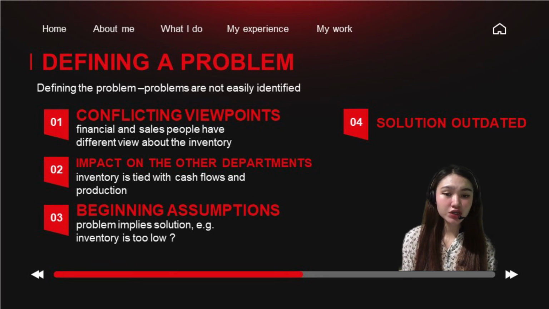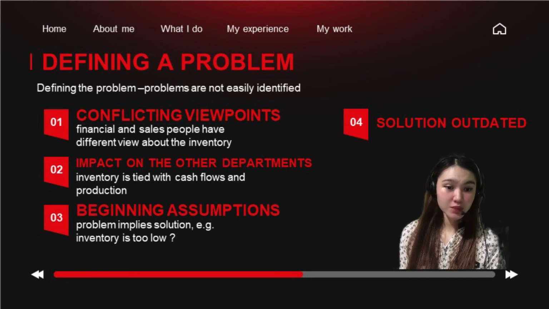A shift in ordering policy can wreak havoc on cash flow and disrupt production schedules to the point where inventory reductions are more than offset by increased finance and production costs. The third issue is that people have a proclivity for framing problems in terms of possible solutions.